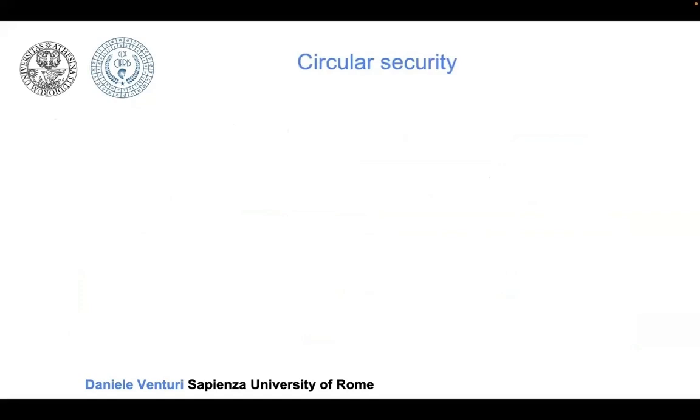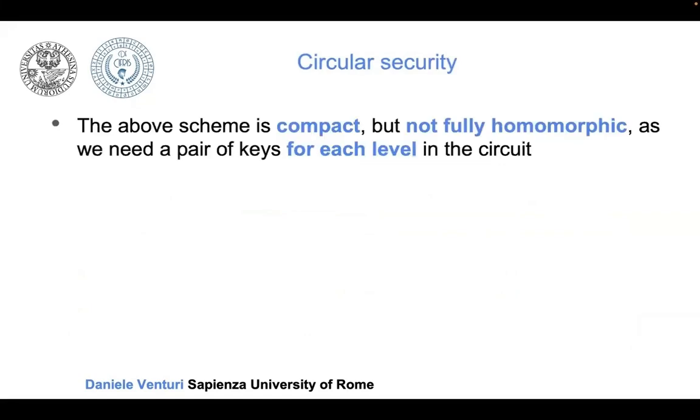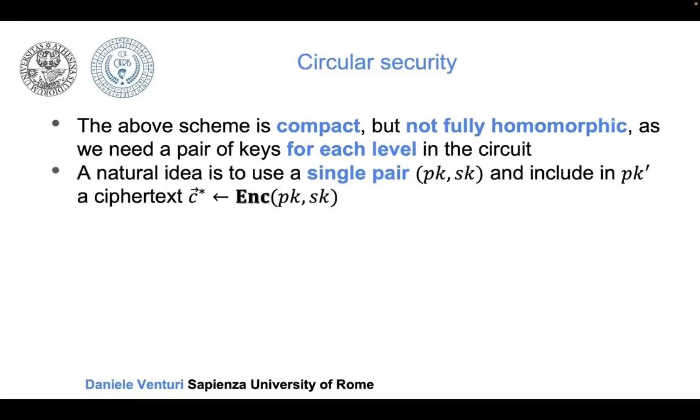And then the last thing is what I said at the beginning: if you want to get it fully homomorphic, never change the key. Instead of changing the key, use a single key pair and publish an encryption of the secret key under the same public key.